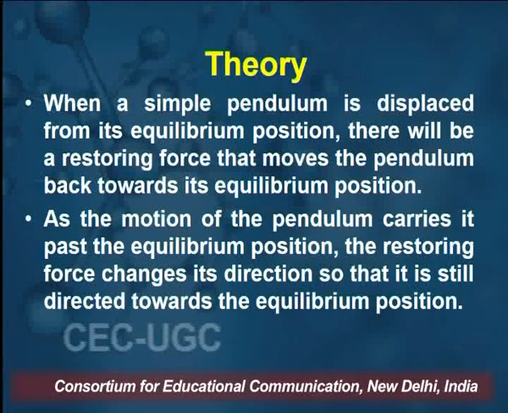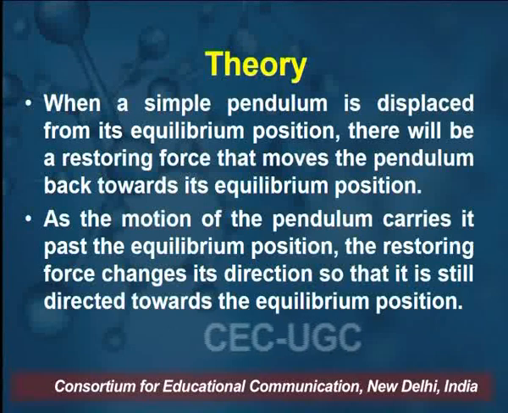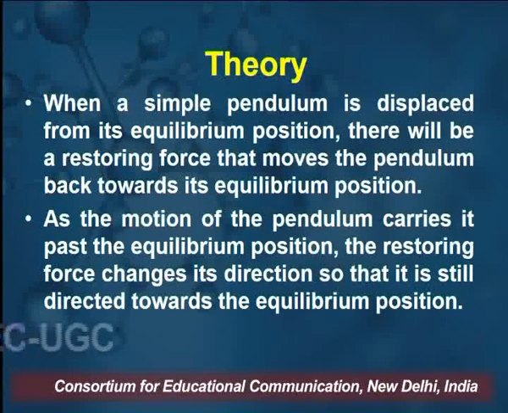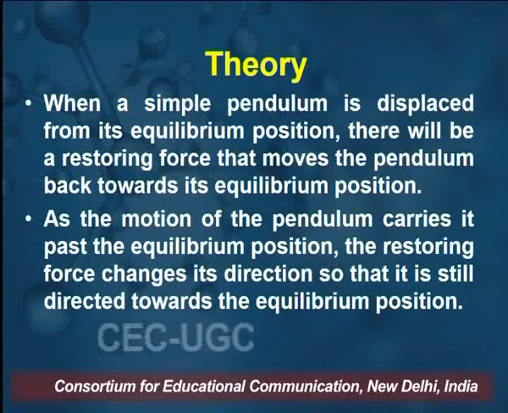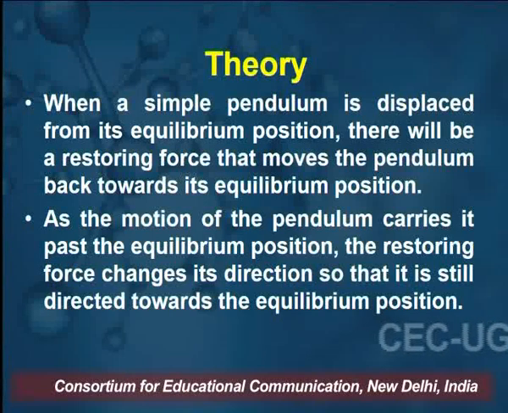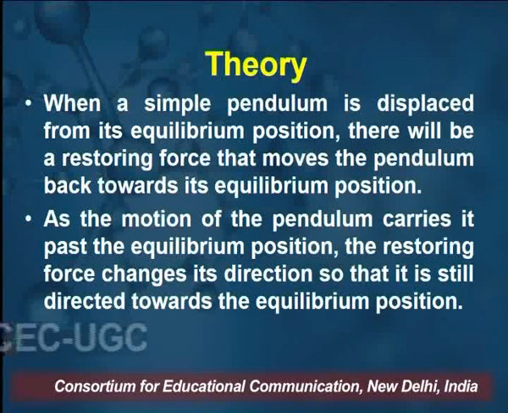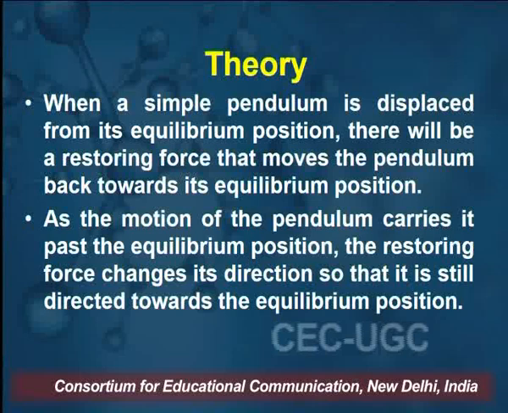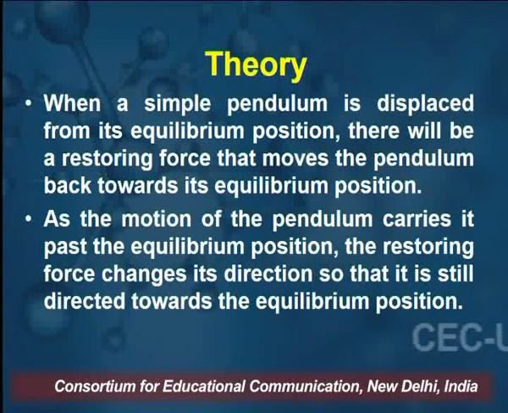Firstly, when no force acts upon a pendulum, it is in its equilibrium position, parallel to the wall where it is hanged. When a force is given and it is displaced from its equilibrium position, there will be a restoring force that moves the pendulum back towards its equilibrium position.